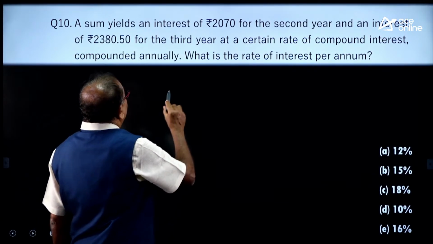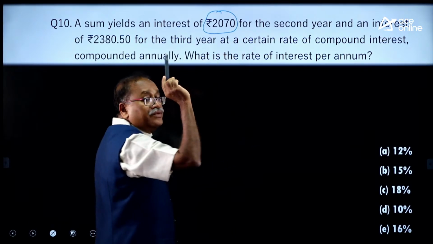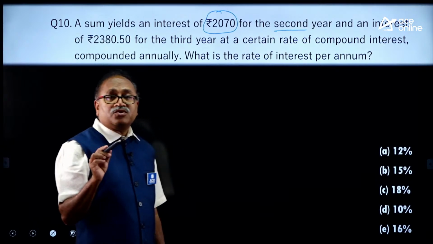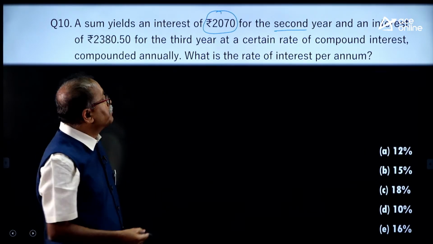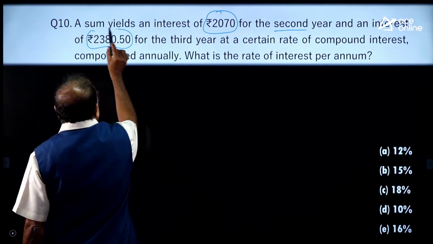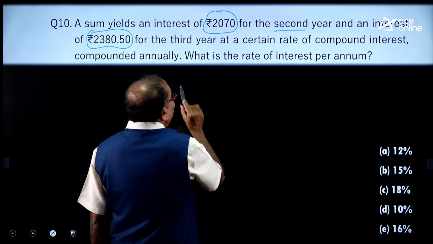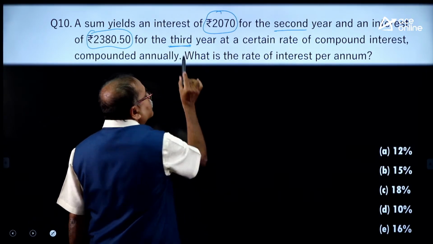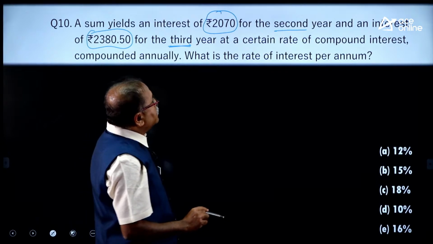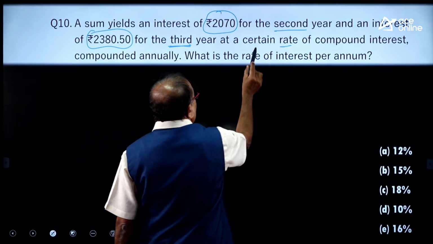A sum yields an interest of rupees 2070 for the second year, not in 2 years, for the second year, and an interest of rupees 2380.5 for the third year. It is not for 3 years, third year, at a certain rate of compound interest, compounded annually. What is the rate?